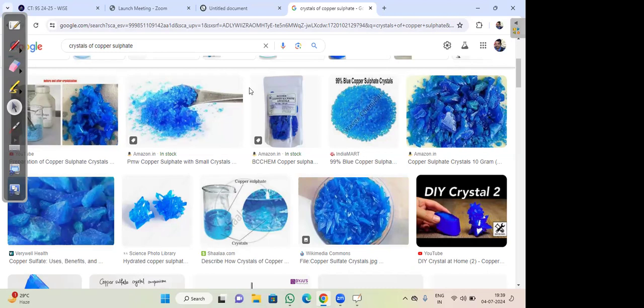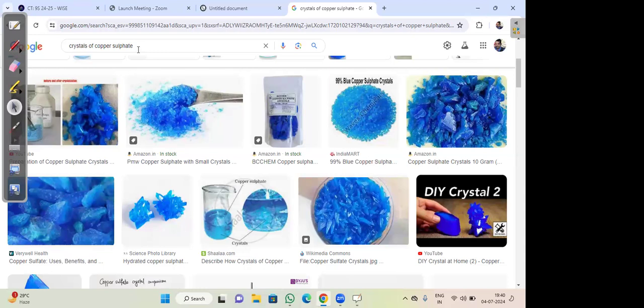So copper sulfate is a crystal, and it is also a salt, but it has other properties, so it cannot be consumed. You can touch it with your hand and there will not be any problem. But as a general measure in a laboratory, you are advised not to touch things with your hand.